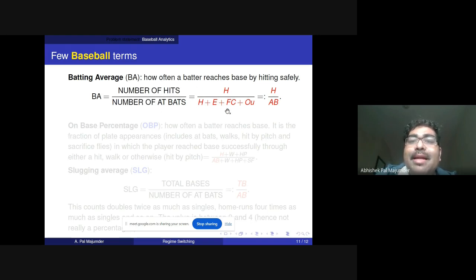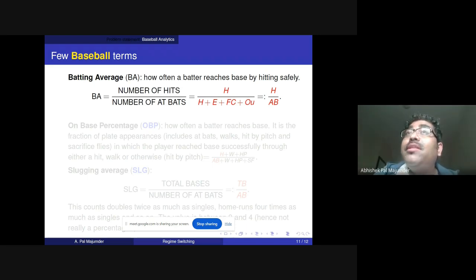If you break things down, the number of hits is H, and then there are also additional things that you miss, like failed chance, and out, and E, I forgot the term. So this was the ratio that people used when selecting new recruits of baseball players.